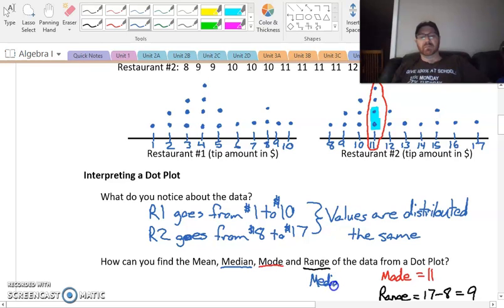The median is the average of 11 and 11, which is just 11. So we can see the median and the mode are actually the same on this set.